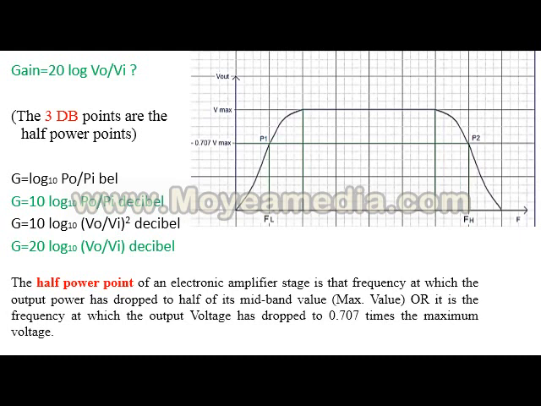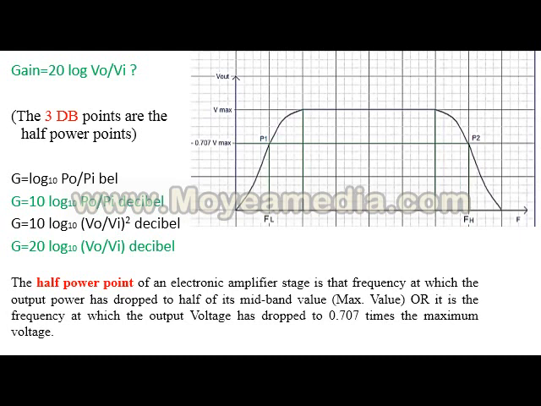So always remember, we have drawn this frequency response curve, then we have taken 3 dB down. That point is known as the 0.707 point, or this 0.707 always represents a voltage value.